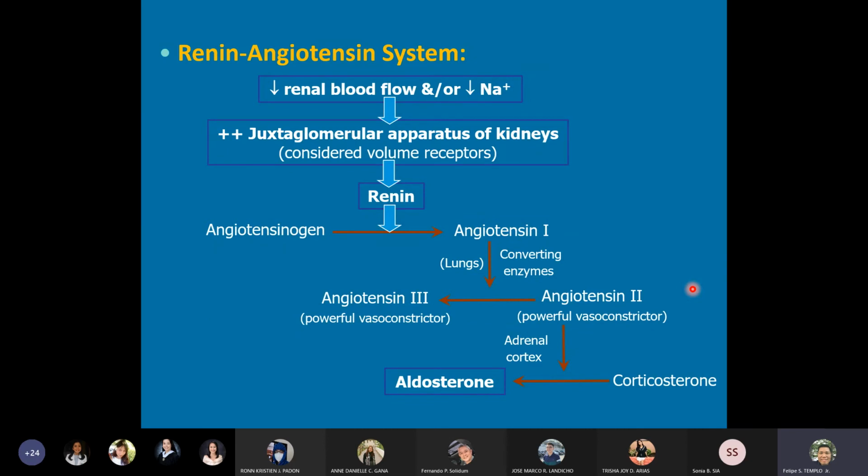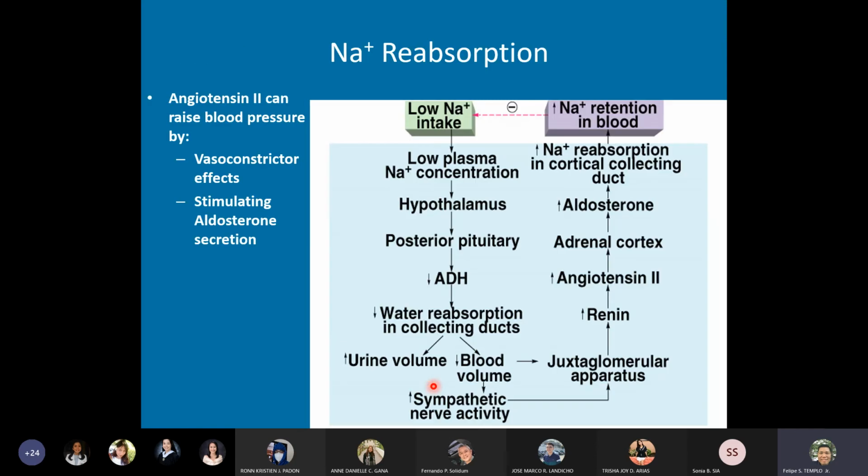What is the exact mechanism? The angiotensin 2 stimulates your aldosterone synthase. They upregulate the production of your aldosterone synthase. So more aldosterone synthase, more enzyme to convert your corticosterone into aldosterone. So that is the mechanism.